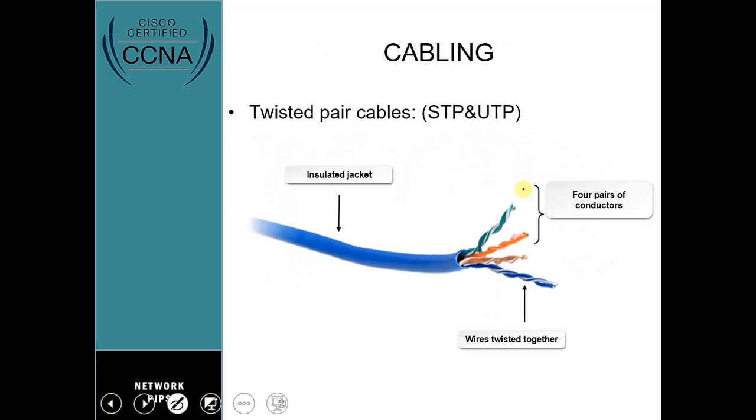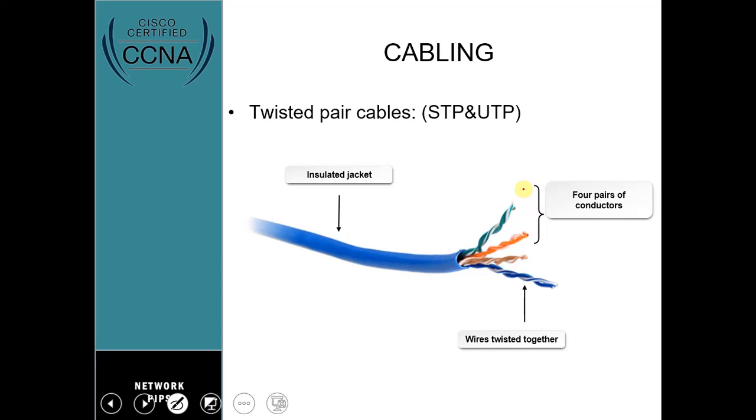So moving down to cabling, we have different types of network cables. We have the shielded twisted pair and the unshielded twisted pair. The shielded twisted pair is mostly used in industrial areas, because it can withstand more damage and more impact.